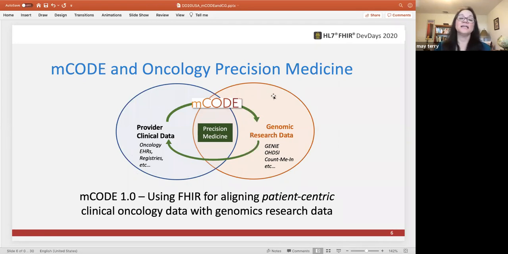That ends up fueling perhaps one or more research data marts, which have their own models. And then the results of that could potentially go back into these clinical applications, which really might be a little bit more prescriptive. There's a little bit more about that we'll touch upon later. But it's this kind of circular exchange of data between provider clinical data and genomic research data that we're really trying to reach here.